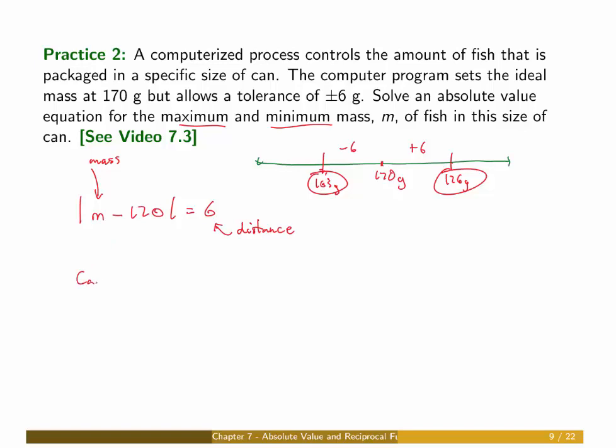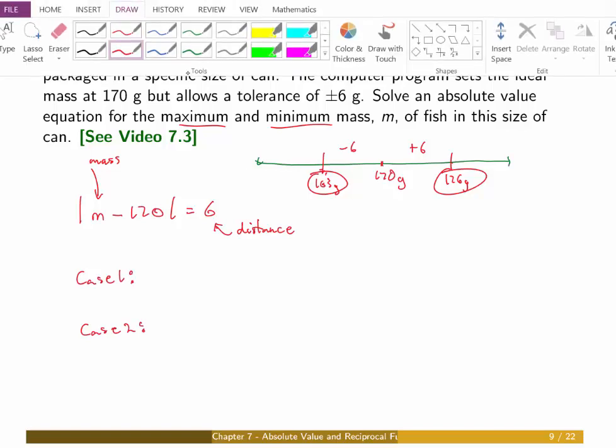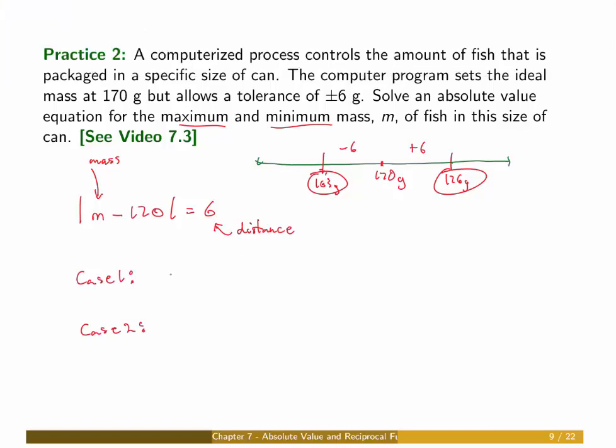So you can solve this equation, okay? Just like that. In this case, we have the absolute value of m minus 170 equals 6. Therefore, m is going to equal 176 grams, or m minus 170 equals negative 6.